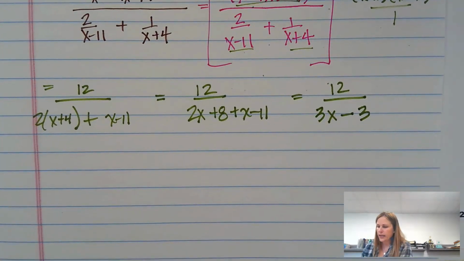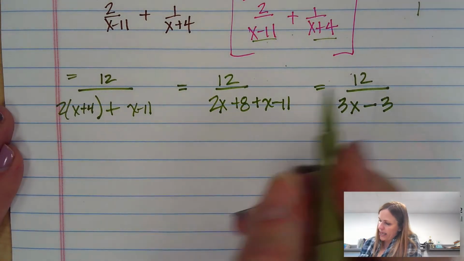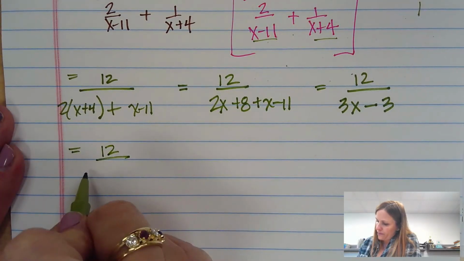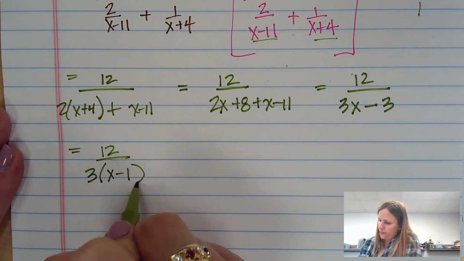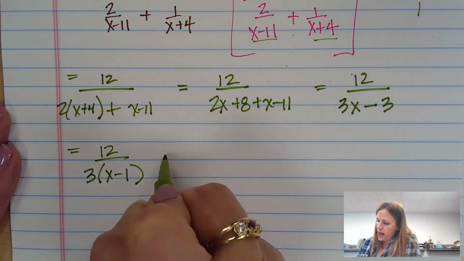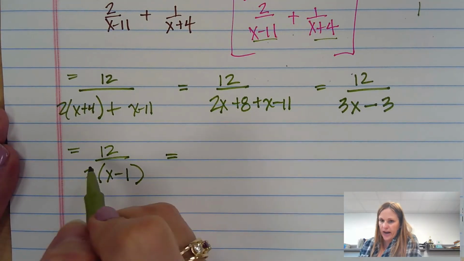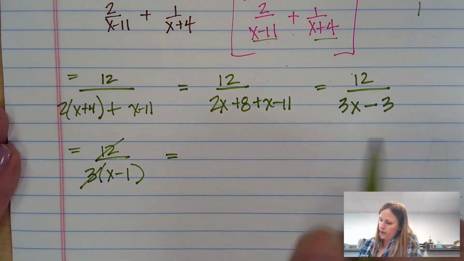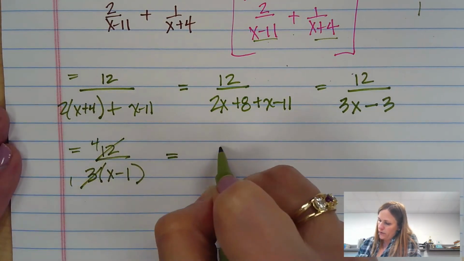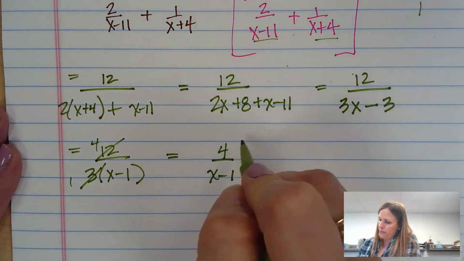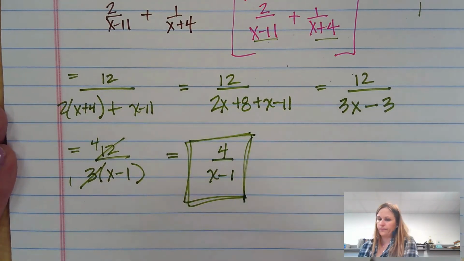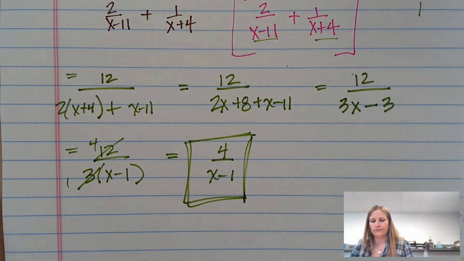Now that I've got it combined, let's factor and reduce. I can factor out a 3 from that denominator, and now I can reduce common factors. So the 3 and the 12 reduce to 4 over x minus 1. And that's how you deal with that.